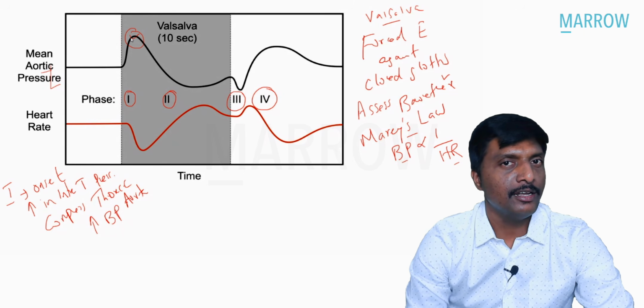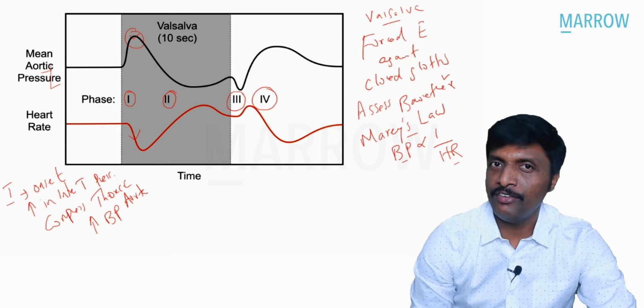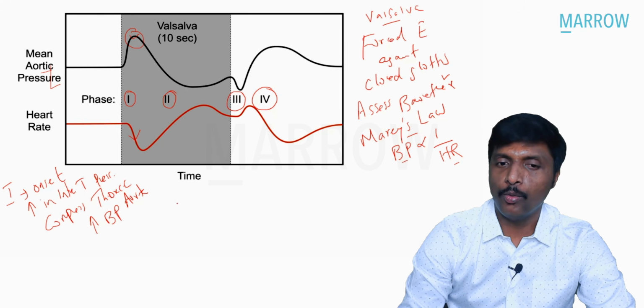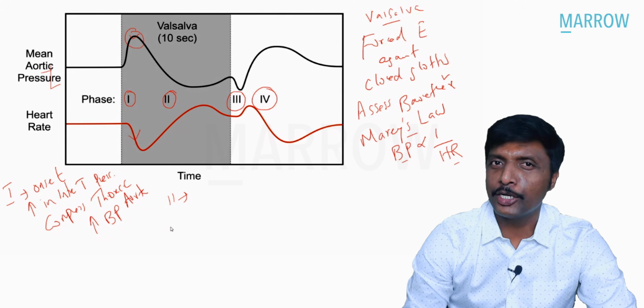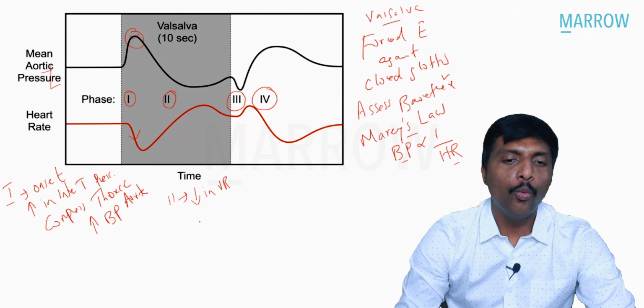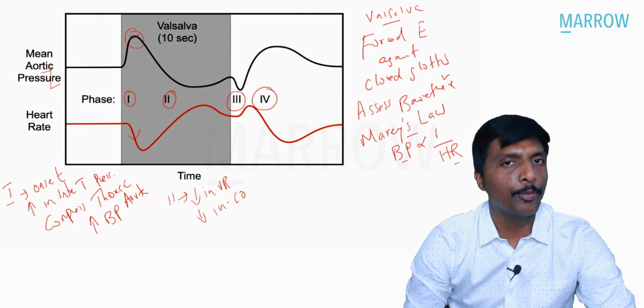Look into Mary's law. If blood pressure rises, heart rate will fall. So what is happening in phase 1? Blood pressure is rising. There is a reflex fall in heart rate. Now look very carefully. What is phase 2, sir? Because of compression, because of increase in intrathoracic pressure, there is going to be decrease in venous return, obviously. When there is decrease in venous return, there will be decrease in cardiac output.